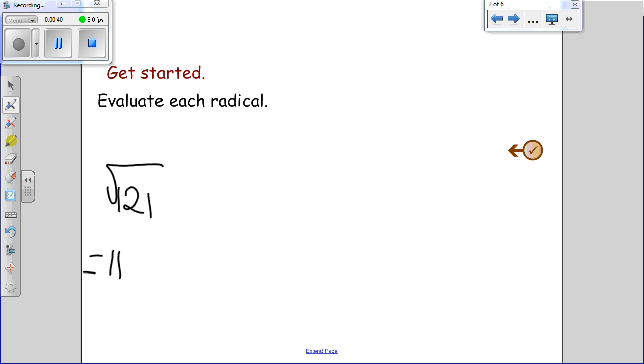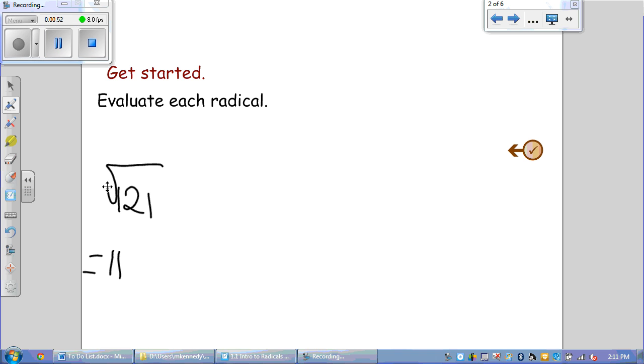If you did the cube root of negative 64, what do you get? Negative 2, negative 4, positive 4. Punch it in your calculator, check. 4?